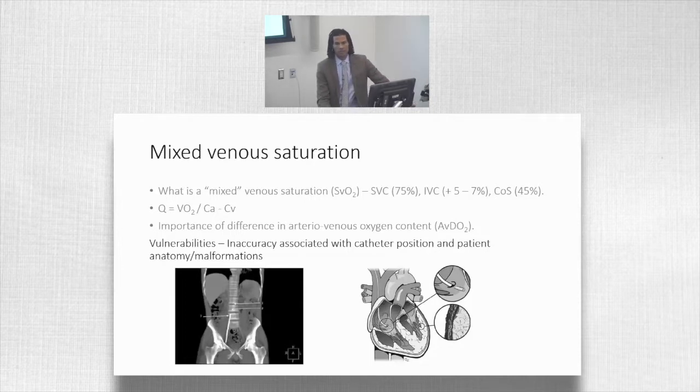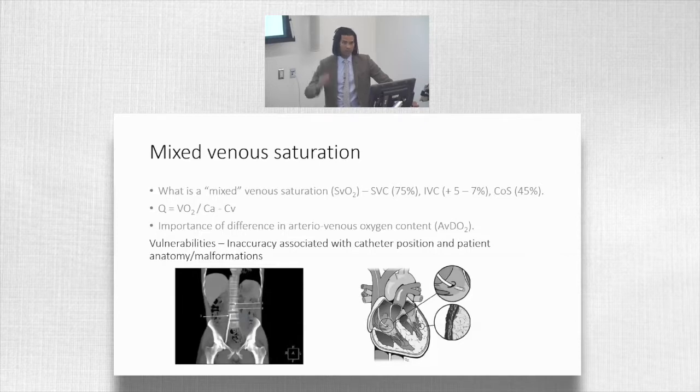The rest is there for their functional needs, i.e. generation of urine. And so the amount of oxygen that's extracted from blood going to the kidneys relative to the total amount of blood flow is quite small. The renal vein sat is high, and so if your catheter is sitting in this location, you're probably going to overestimate the mixed venous saturation.